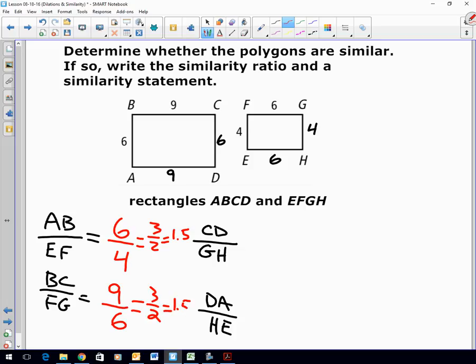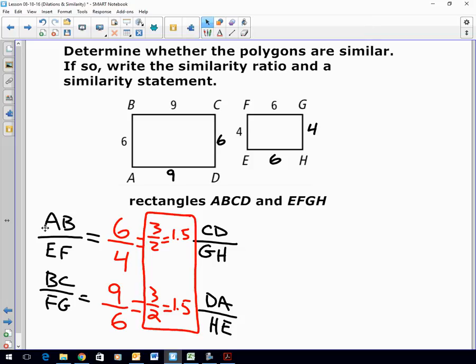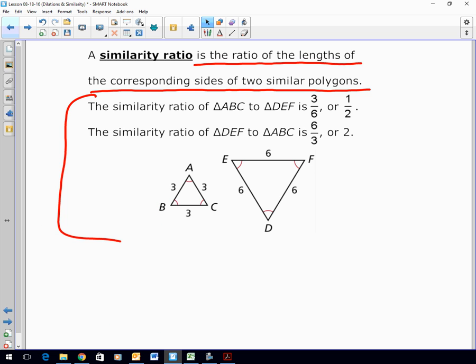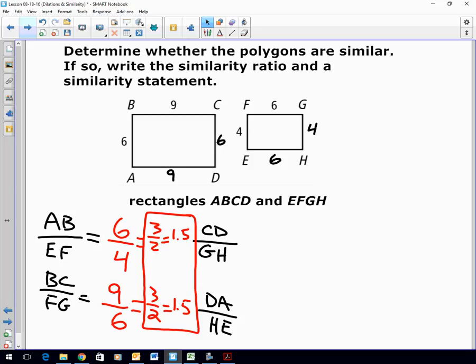All right. Hey, listen up. Let's go back to this definition. Similarity ratio is the ratio of the lengths of the corresponding sides of two similar polygons. If my similarity ratio is the same, then I have proportional sides.